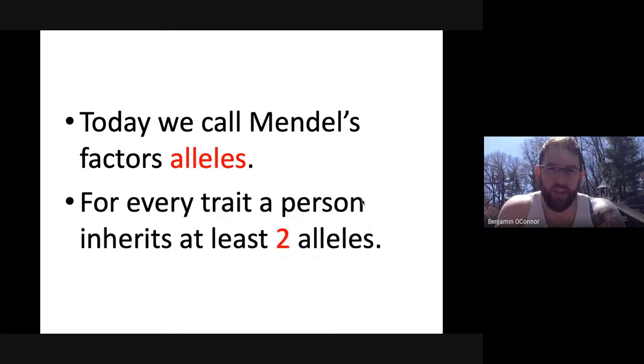You get two alleles per trait, one from mom and one from dad. What they pass down, in combination, is what you have as a phenotype, and that is derived from your genotype or your genetic information.